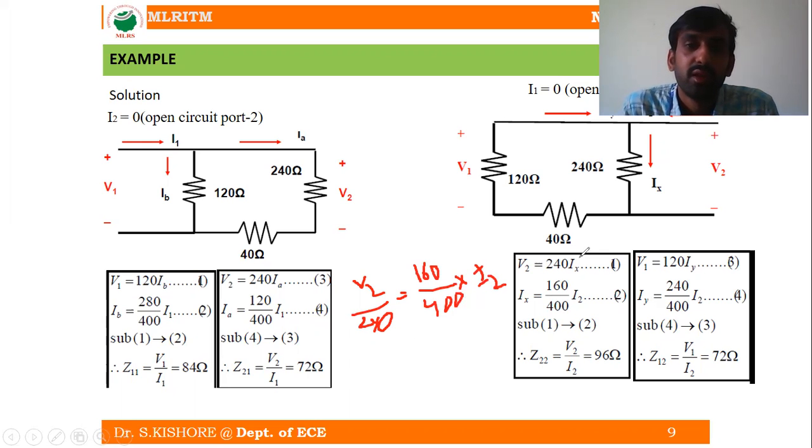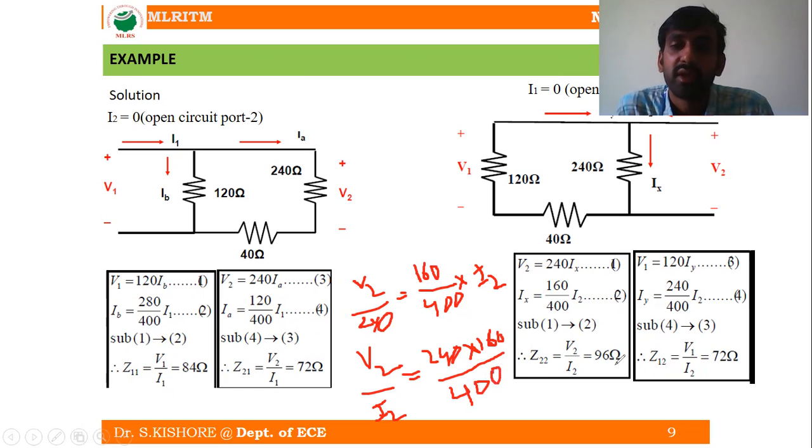So from this, I can write V2 by I2 is equal to 240 into 160 divided by 400. Now solving this, we come across 96 ohms.